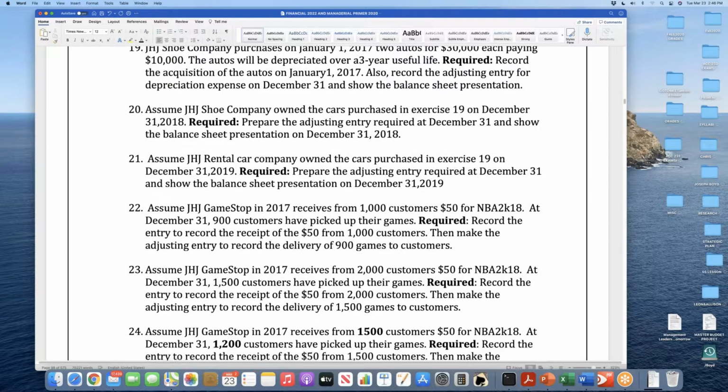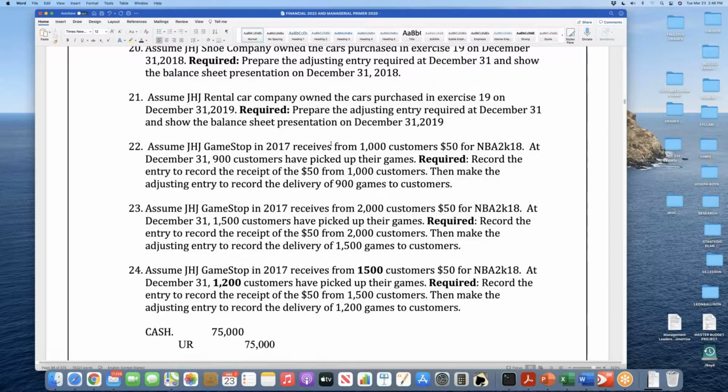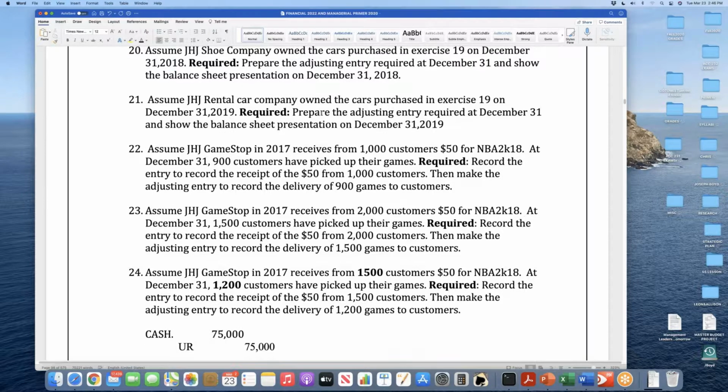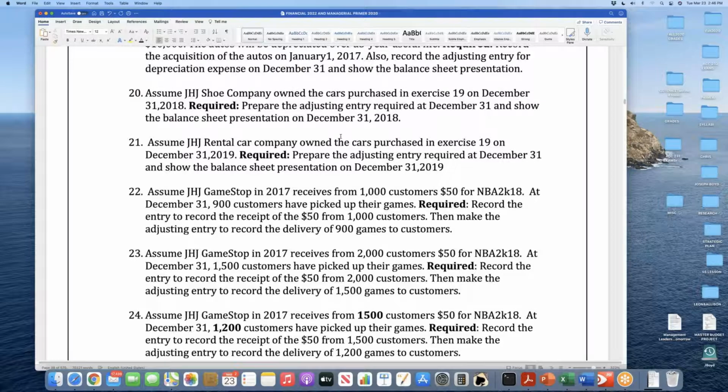So in 21, it says assume GameStop in 2017 received $1,000 from customers for $50 for NBA 2K18. So that happened all through 2017. Then by December 31st, 900 customers have picked up their games.